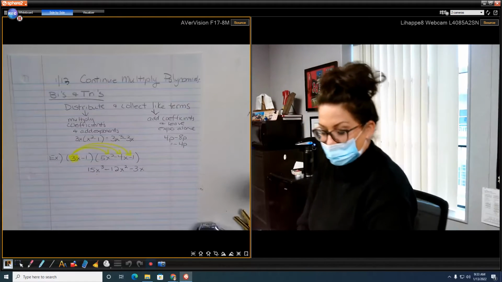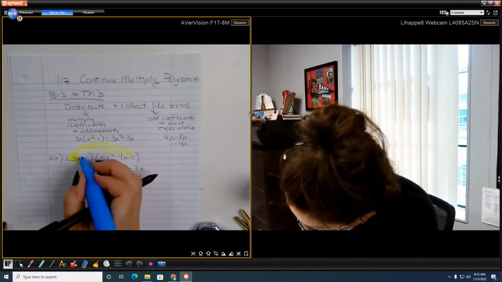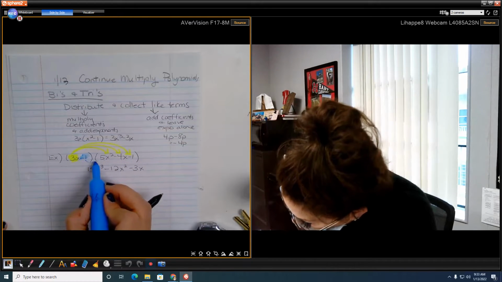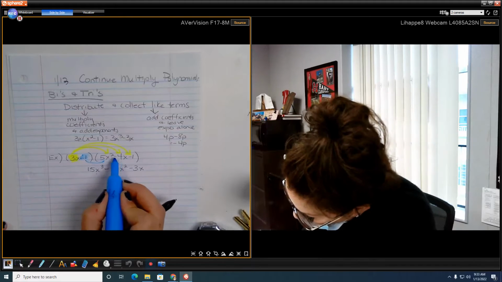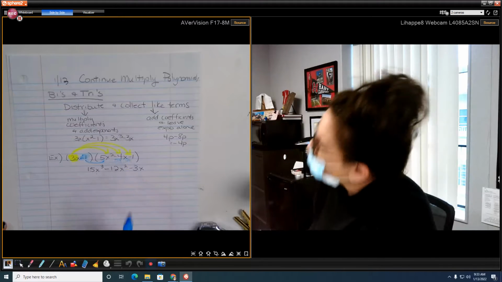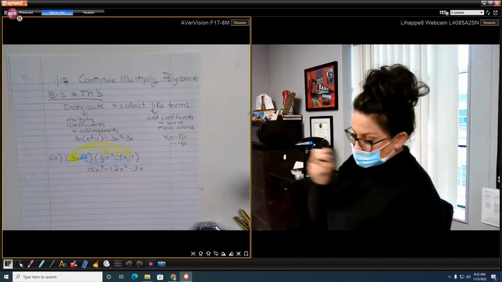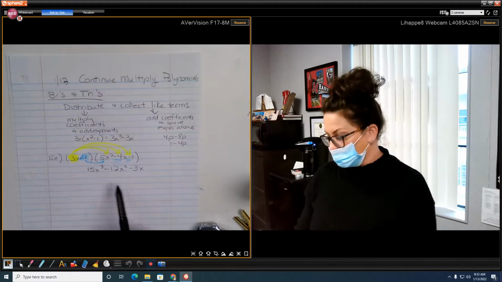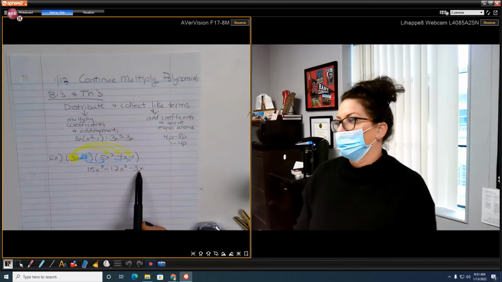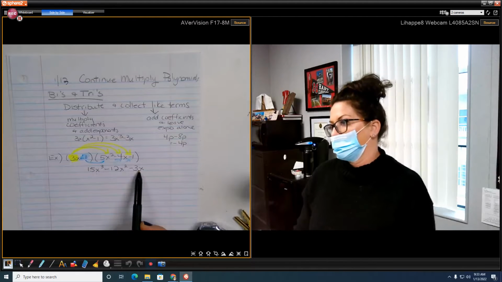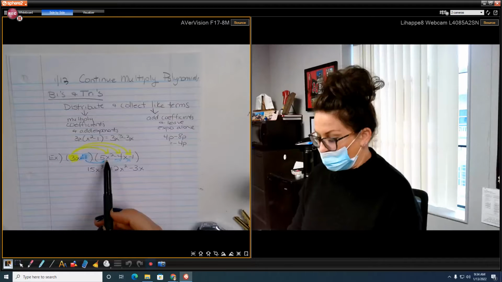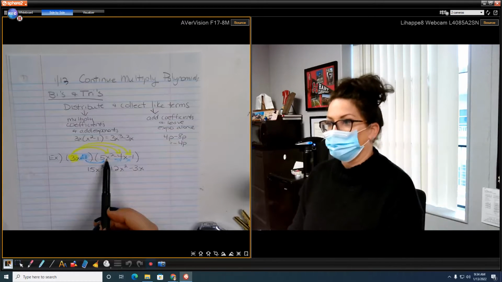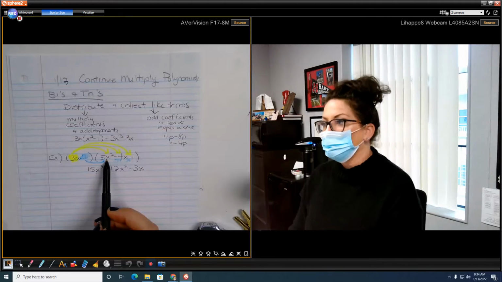Now we've got to take the other term of the binomial, which is negative 1, and you're going to distribute that to each term. And when you distribute, put the like term underneath the one that correlates with that. So what's negative 1 with 5x squared? It's negative 5x squared.